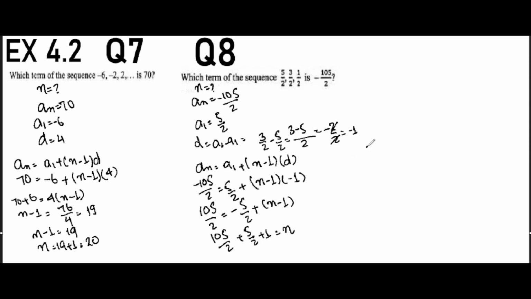So n equals, taking 2 as LCM, 105 plus 5 plus 2, sorry, it's not going to be 1, it's going to be 2 over 2. So n equals 112 by 2, which is 56. So the 56th term of this sequence is going to be -105/2.